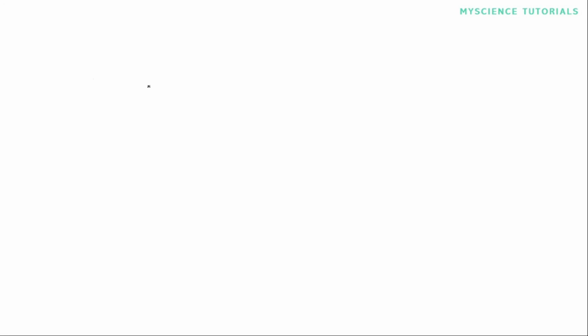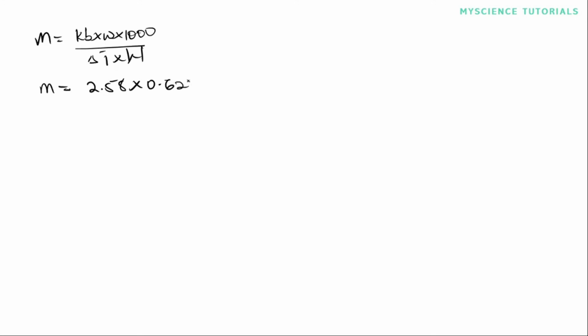So our M is equal to, let me rewrite the formula, Kb multiplied by small w multiplied by 1000 over delta T multiplied by capital W. So our M is equal to our Kb that we found, 2.58, multiplied by our small w, 0.627, multiplied by 1000.